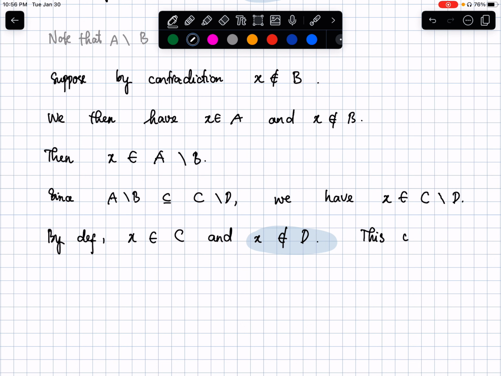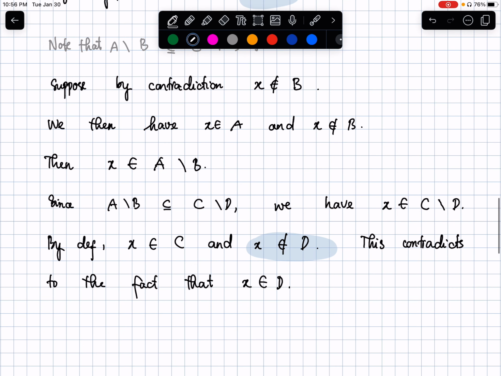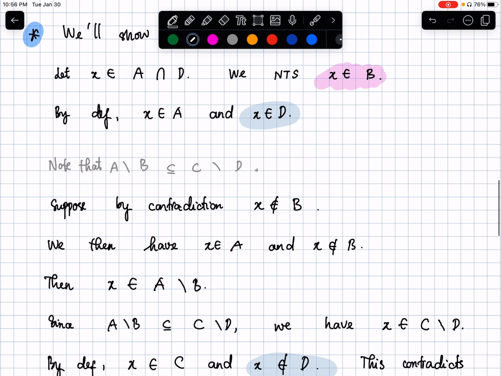This contradicts the fact that x is an element of D, as we know before. Thus, our assumption is wrong. x must be an element in B, which is what we need to show.